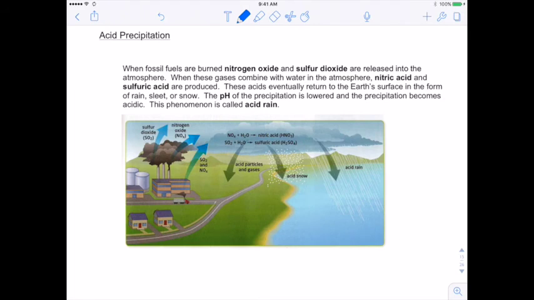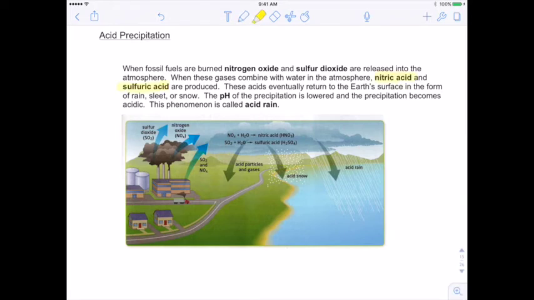Our discovery and use of fossil fuels since the Industrial Revolution has caused another problem to our ecosystems. And this problem is called acid precipitation. When fossil fuels are burned, nitrogen oxide and sulfur dioxide are released into the atmosphere. Now these gases, when they're mixed with water, produce nitric acid and sulfuric acid.